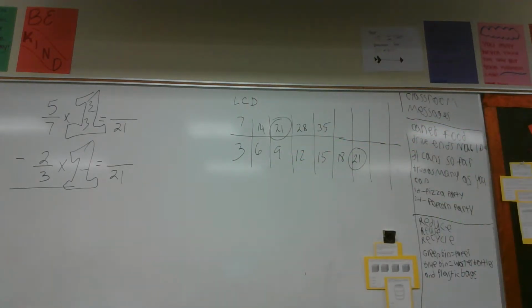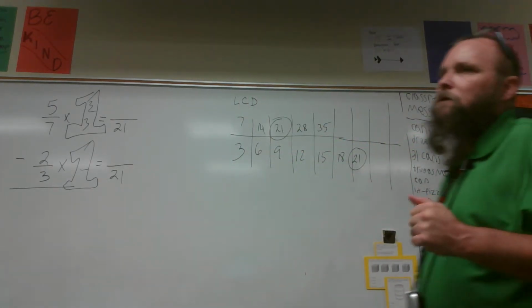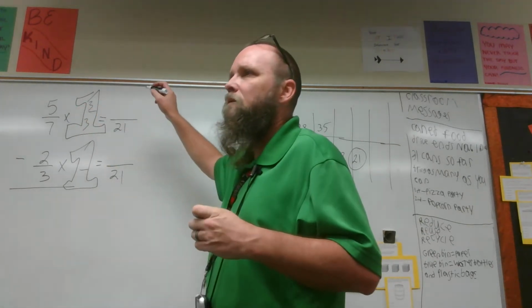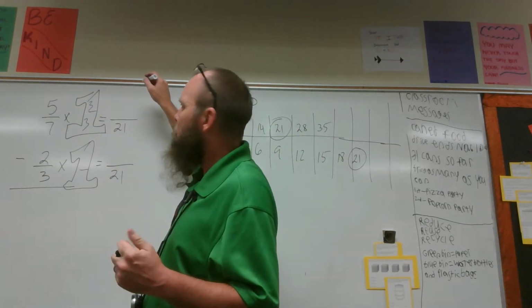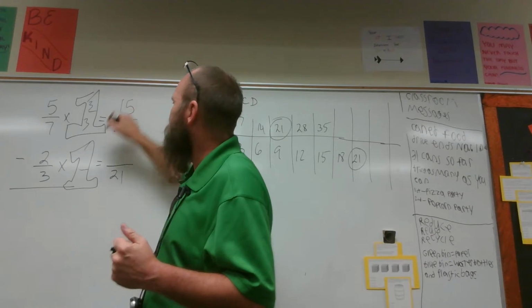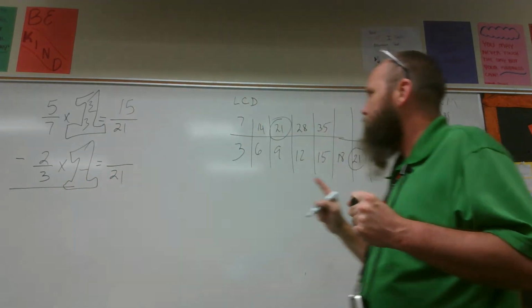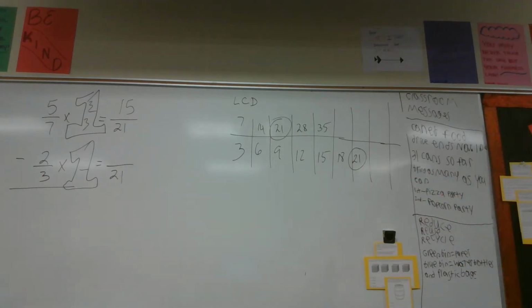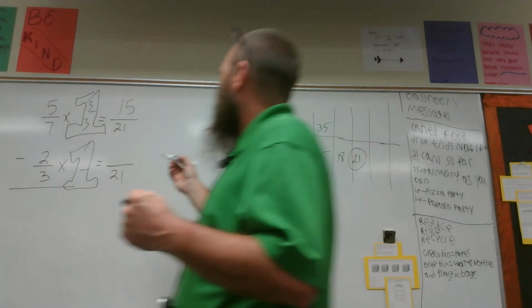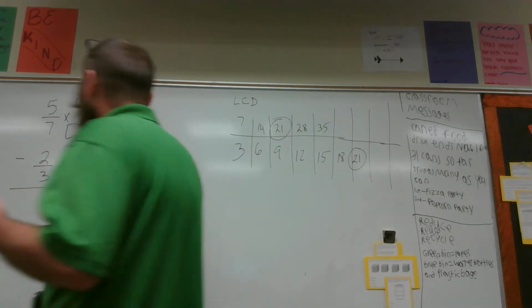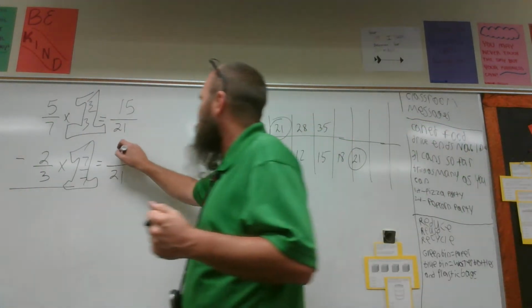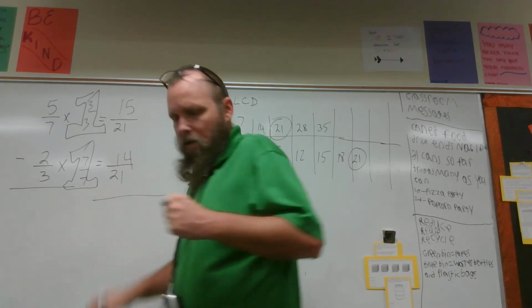I need to multiply this by 3/3. So Kristen, 5 times 3 is? 15. Awesome sauce. Kristen, 3 times what gives me 21? 7. So I multiply these both by 7. Good job. He already knew what I was going to ask.